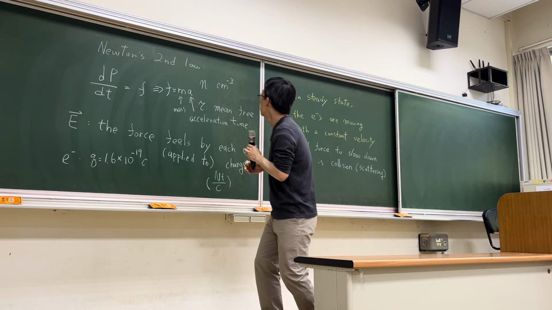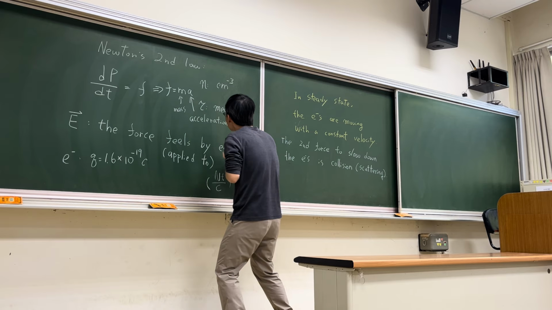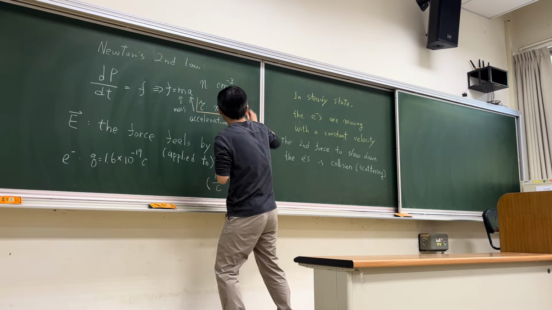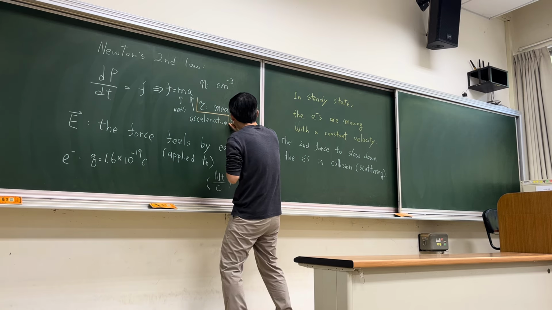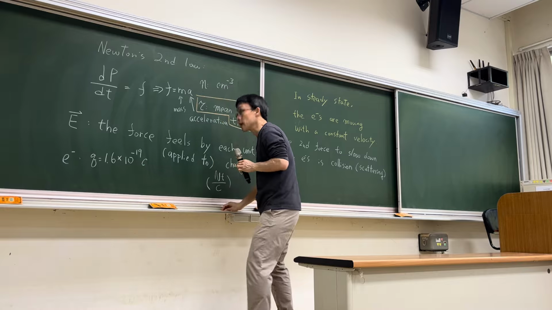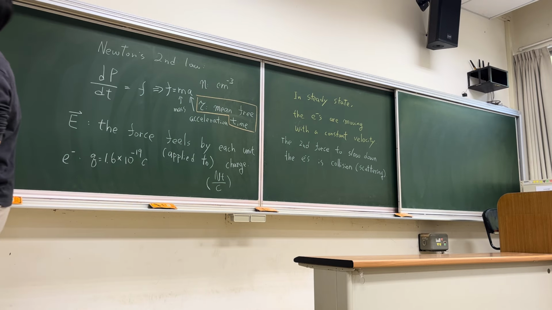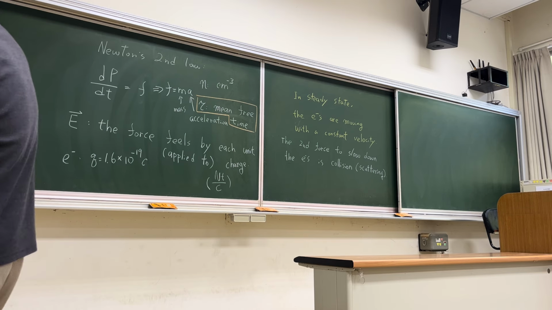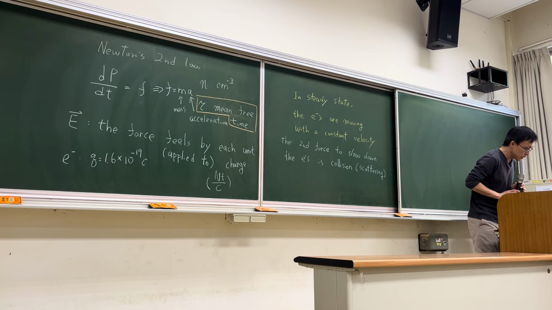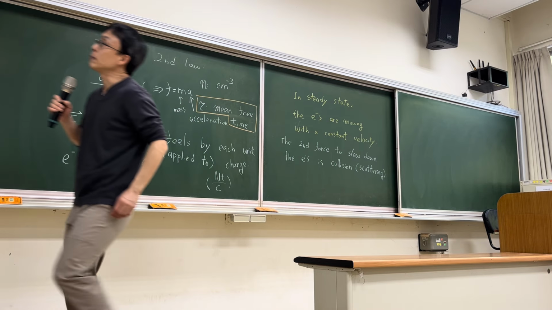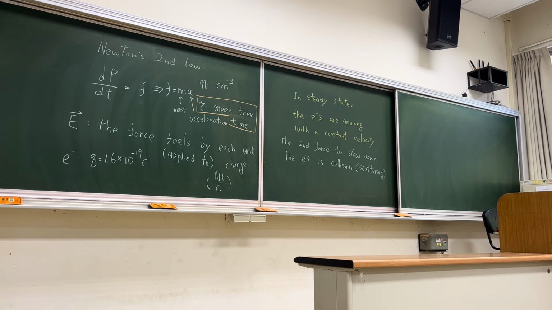So what do you mean by the mean free time? What is the physical meaning or the definition of a mean free time? Mean free time, tau, is the average time that an electron undergoes no collision.